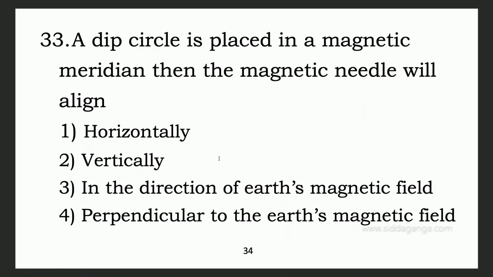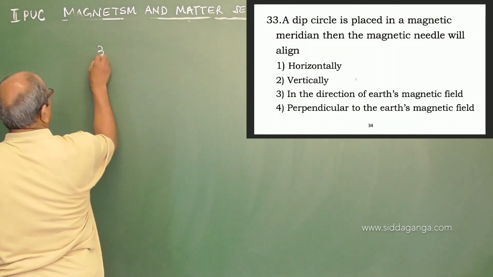Coming to the next. A dip circle is placed in a magnetic meridian, then the magnetic needle will align horizontally, vertically, or in the direction of the earth's magnetic field? Question number 33.